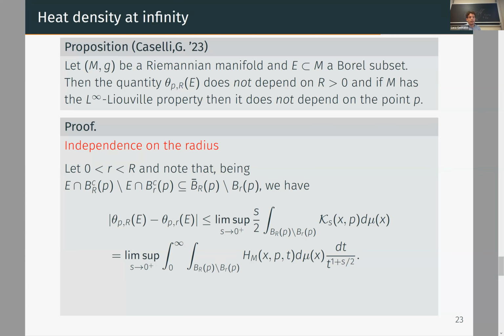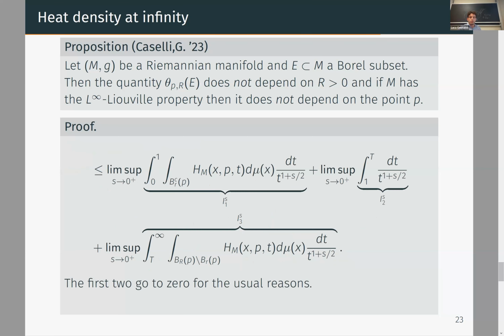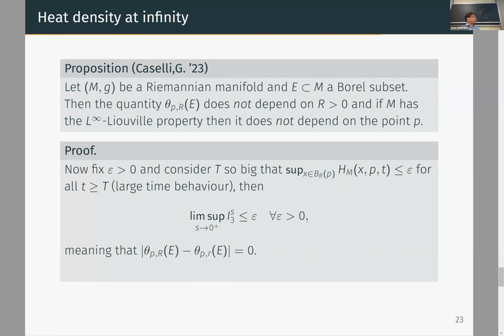It's an easy computation where you break it into the various terms again, and they all go to 0 for the usual reason, the first two at least. The third one goes to 0 again because of uniform convergence of the kernel. The kernel goes to 0, so you get 0 again. Therefore, we can compute this angle for the ball of radius 1, so you integrate over the complement of a ball of radius 1.